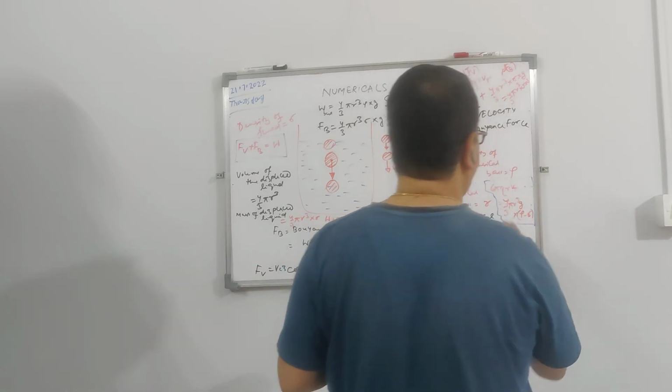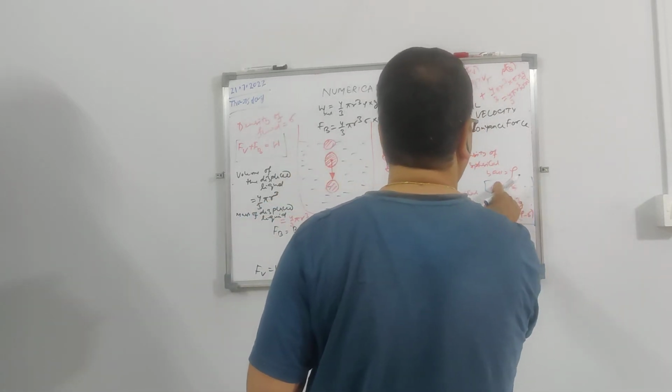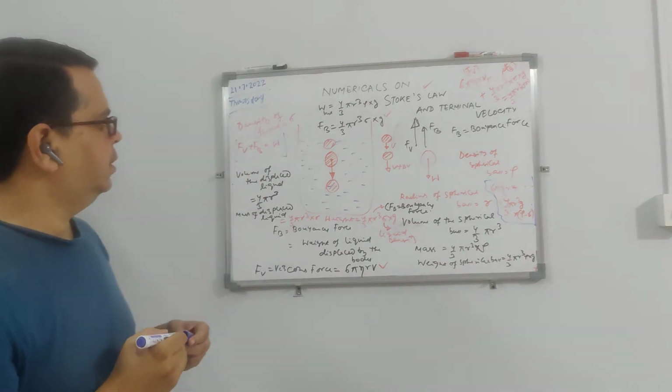To find the terminal velocity, you just have to divide by the term on the other side, which is constant.